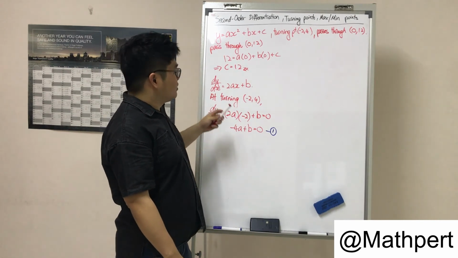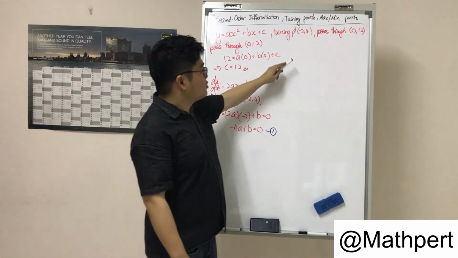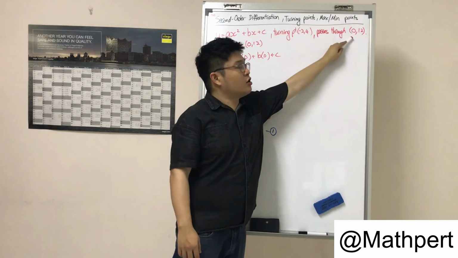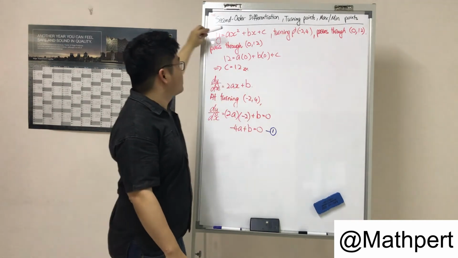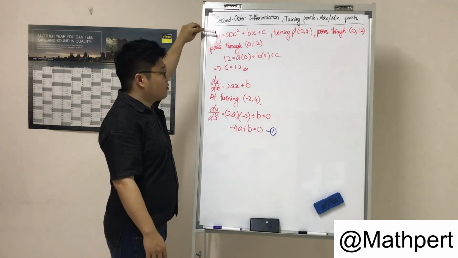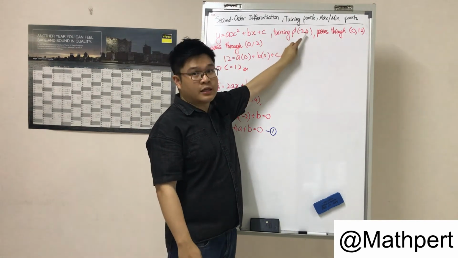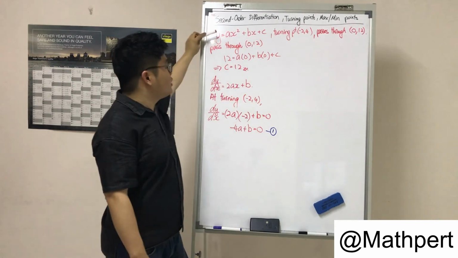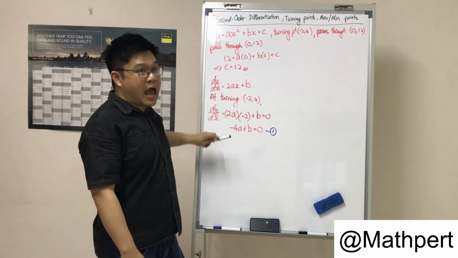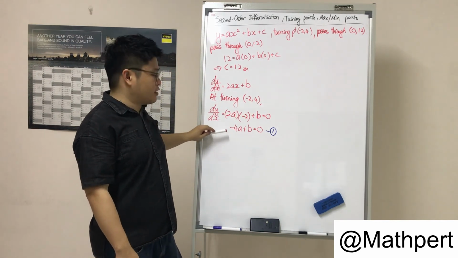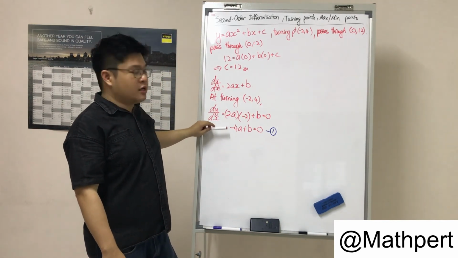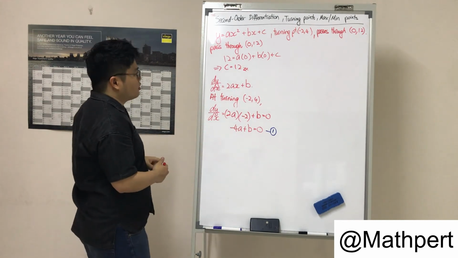And then how do we form another equation to solve it simultaneously? Okay, just now we substituted this 0, 12 into the y equation and got c. Now let us substitute negative 2, 4 into this to generate another equation so that we can solve it simultaneously with equation number 1.